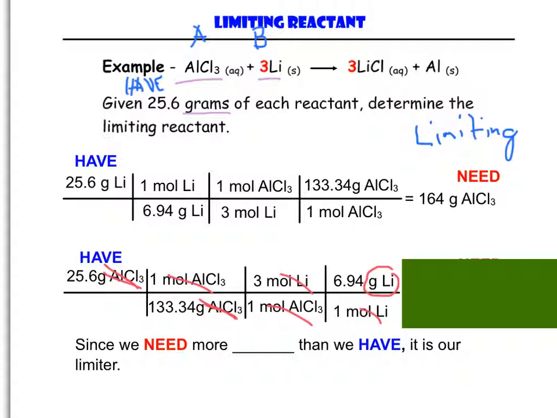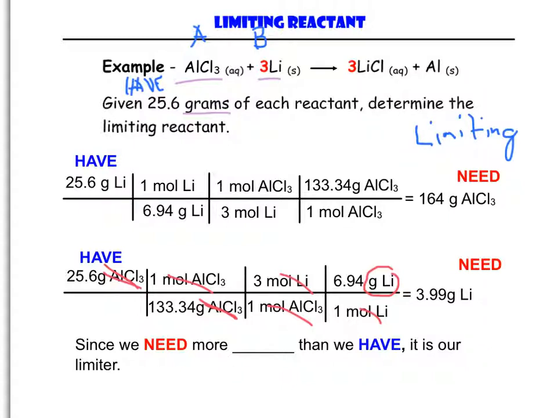Now when we look at this, we see that we are going to use up only 3.99 grams of lithium. So to use up all of my aluminum chloride, I am only going to have to use 3.99 grams of my lithium.